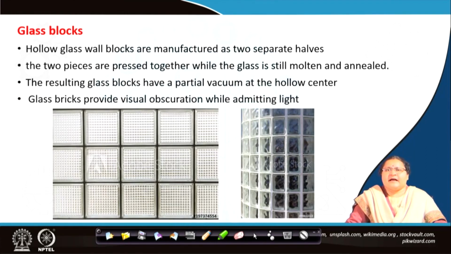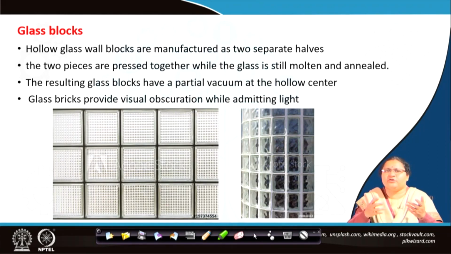We have glass blocks, which is again another application of tempered glass. When two pieces of tempered glass molded out are pressed together, you will get a block of glass, and when you are doing so, a lot of air is entrapped inside. So, that acts as an insulator also.